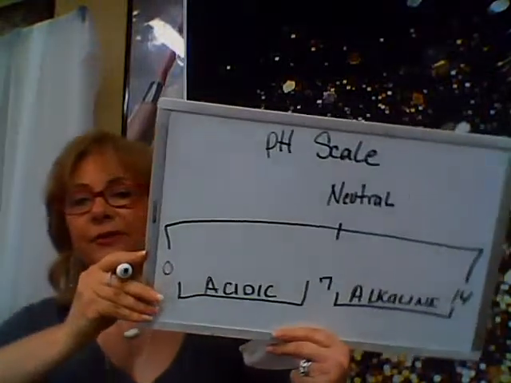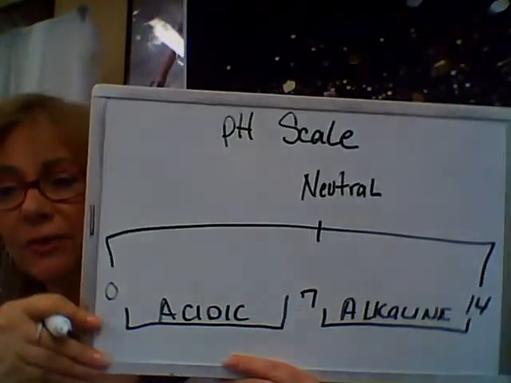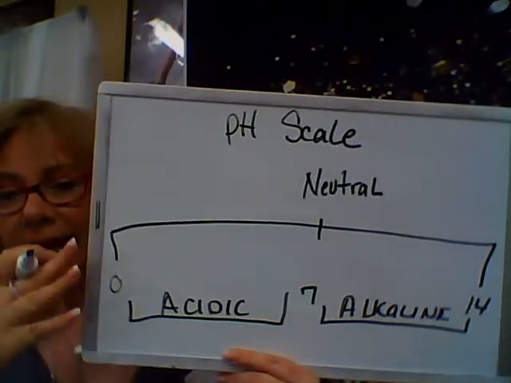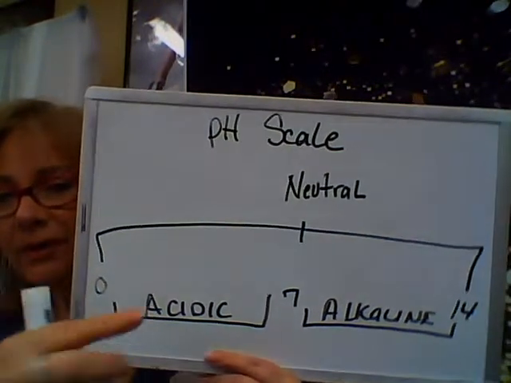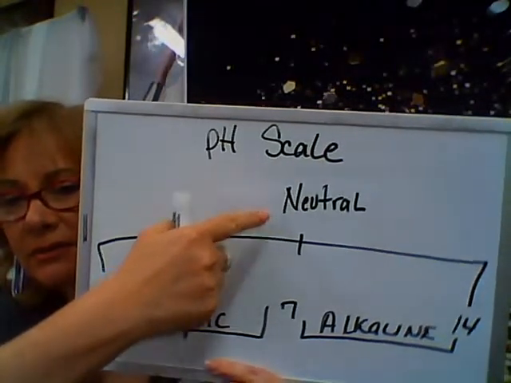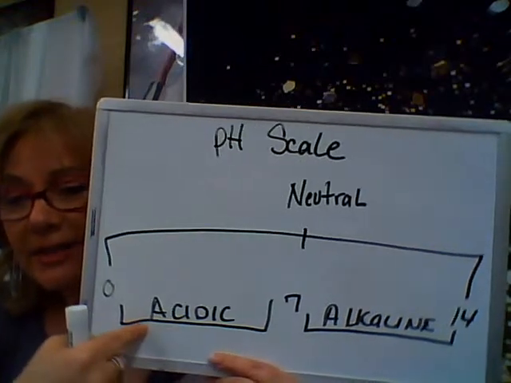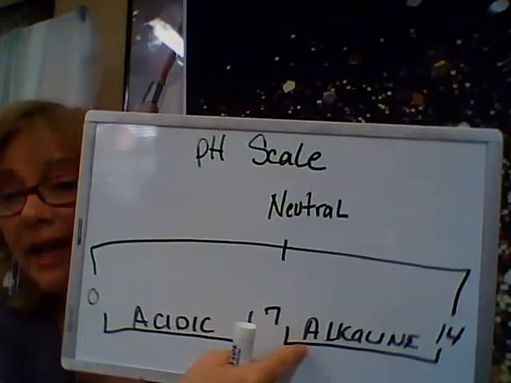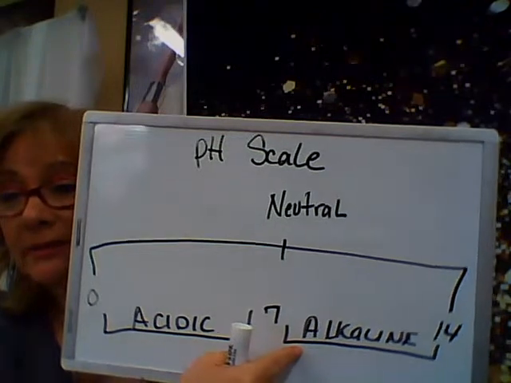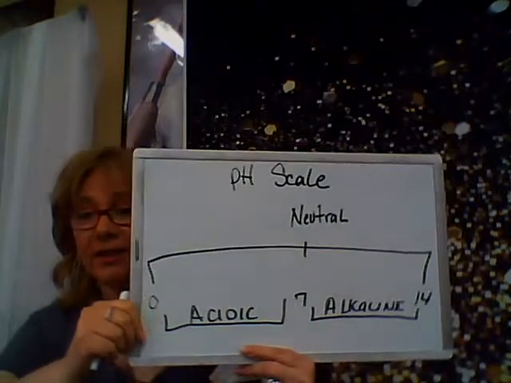So I'd like for you to diagram out, draw this. It's from 0 to 14. And halfway through, I've got a little line there, and that is neutral. And that's a 7. And then on the left side is acidic, and the right side of the scale is alkaline. So I want you to write that. We're going to add some more things to this, okay? So this is the beginning.